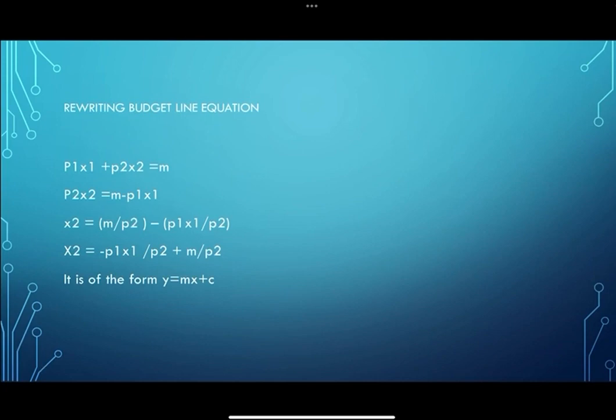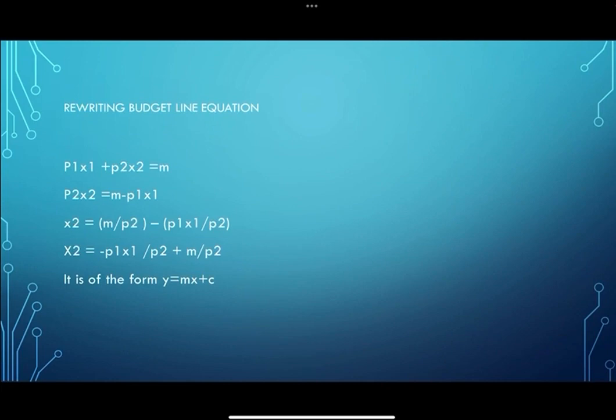What is meant by m and what is meant by c? x and y are variables. Here m is the slope and c is the intercept. So in this equation, minus p1 by p2 is the slope and m by p2 is the intercept.